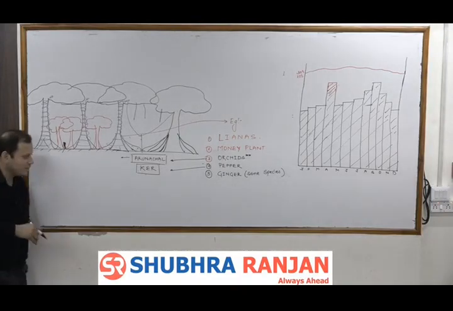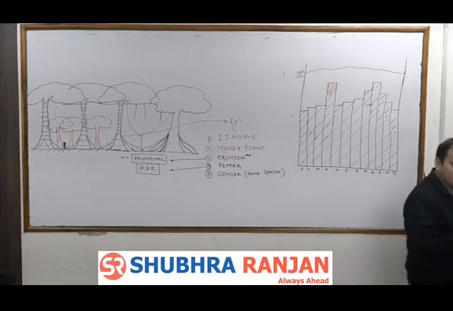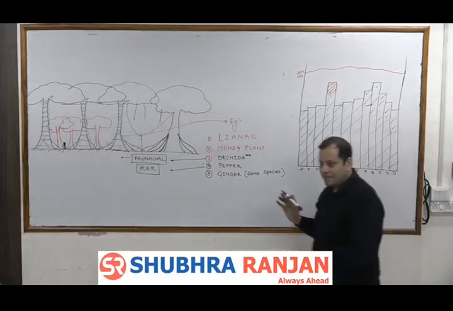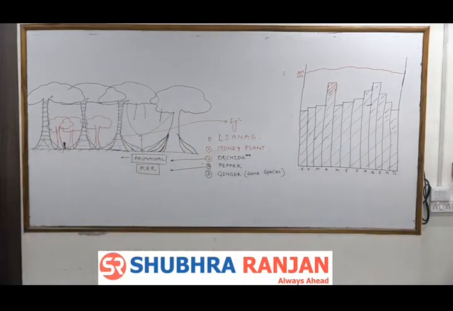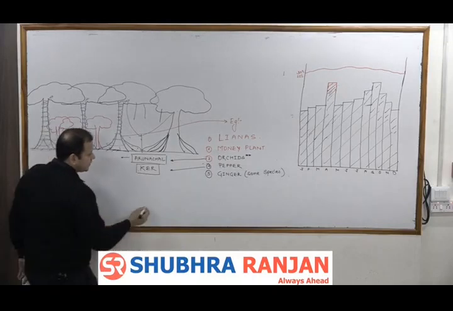Cardamom is known as the queen of spices. Pepper is in high demand in European nations. Why? To preserve meat. People earlier preserved meat with pepper when refrigeration was not there. So therefore pepper was in high demand.